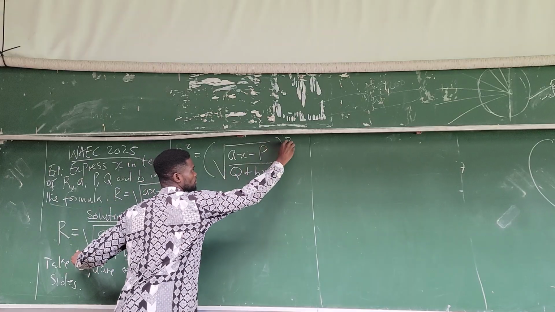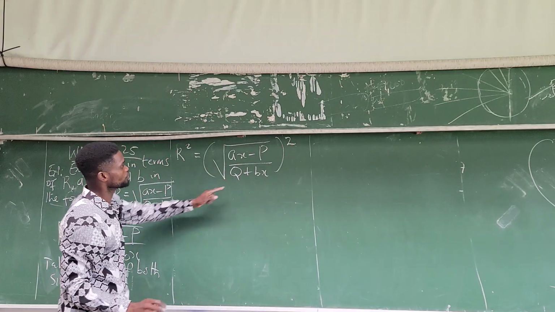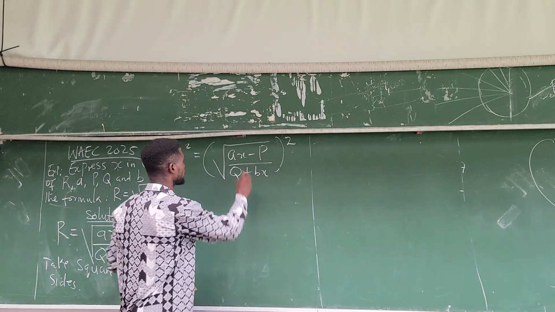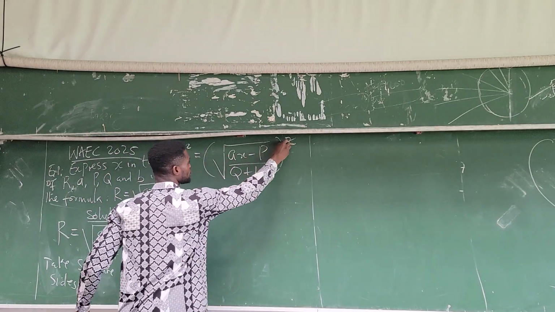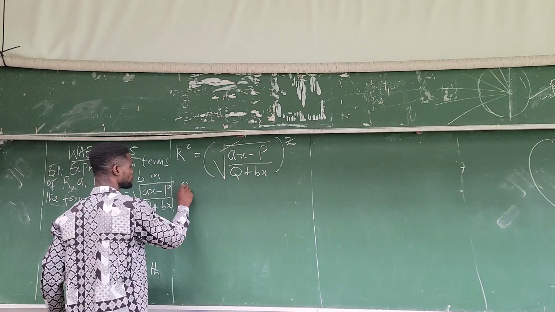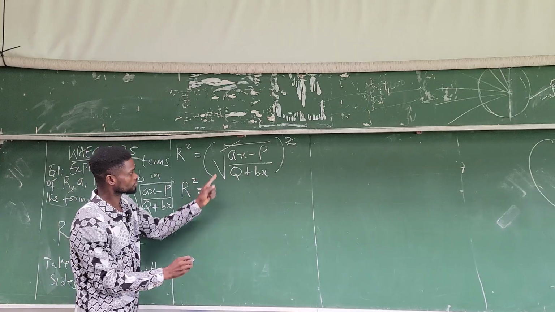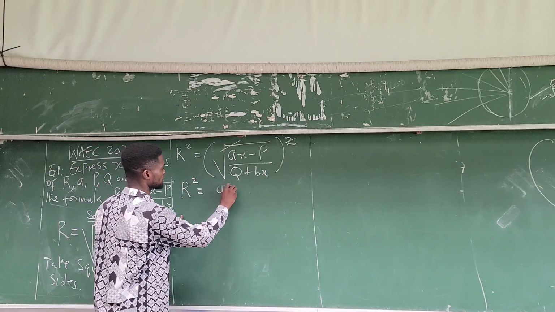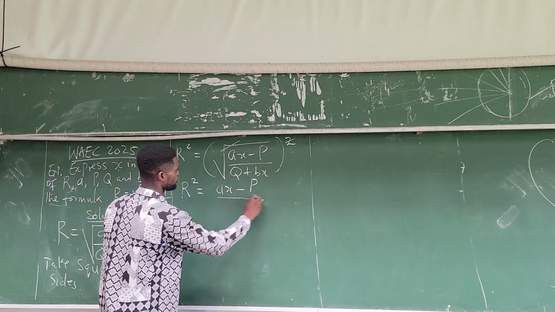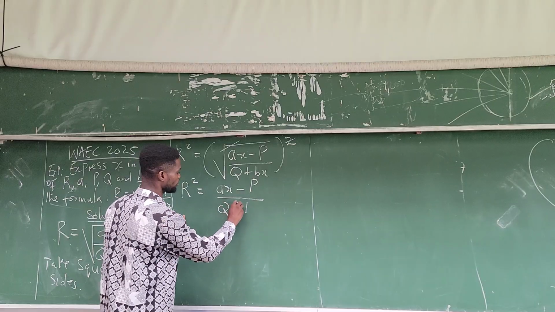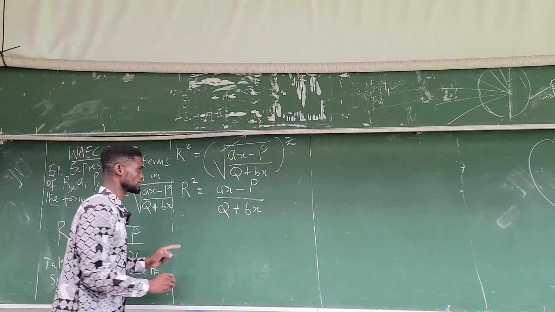So this square can cancel this square root. Therefore, we have R square equals AX minus P over Q plus BX.